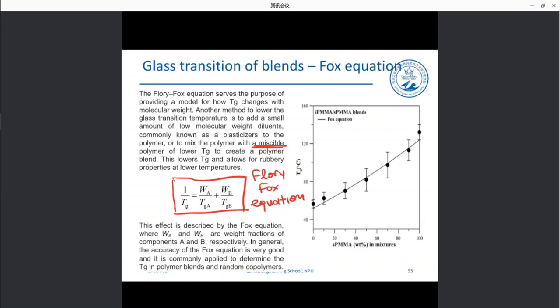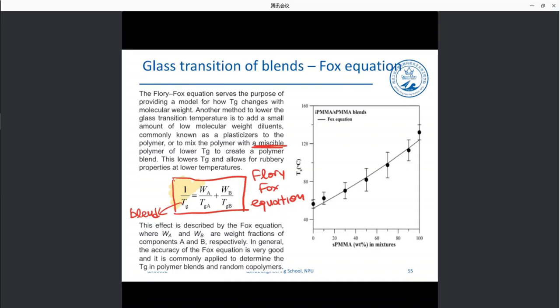It tells us that the inverse of the glass transition temperature of the blend is given by the weight fraction of the one polymer over the glass transition of the one polymer plus the weight fraction of the second polymer over the glass transition of the second polymer. Okay, it is a very simple equation, very straightforward.